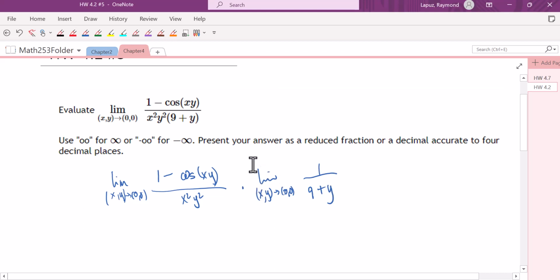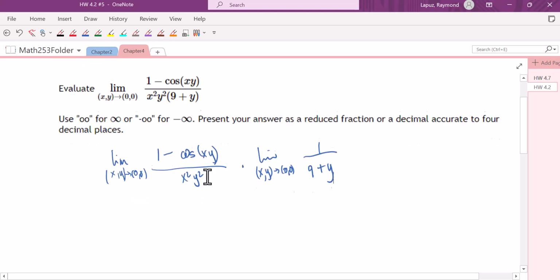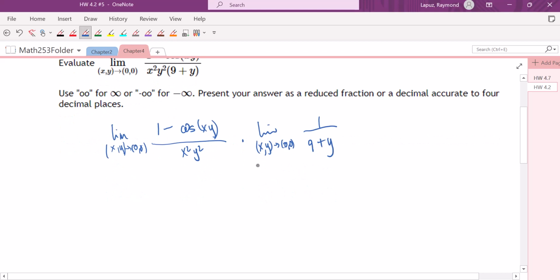If each of these limits exist, then we can just multiply them and get the product. The second one is pretty straightforward. We could put in 0 for x and 0 for y. We're going to get 1 divided by 9 plus 0, so that's just going to be 1/9.